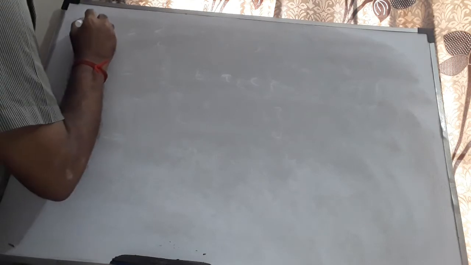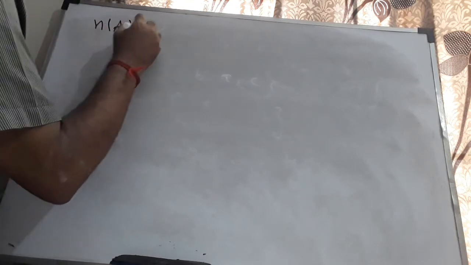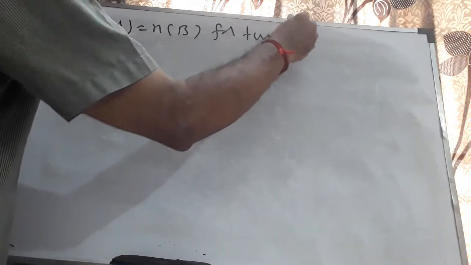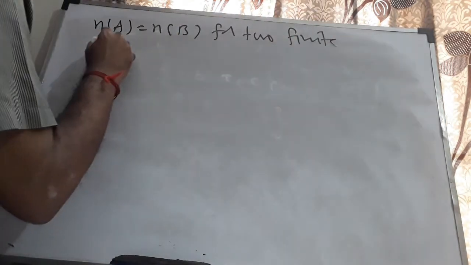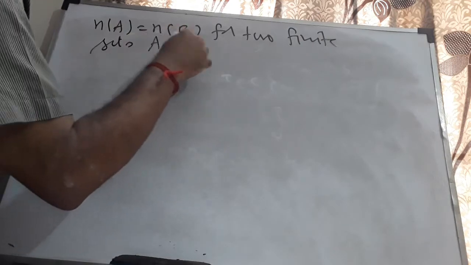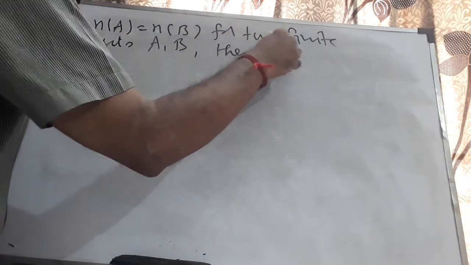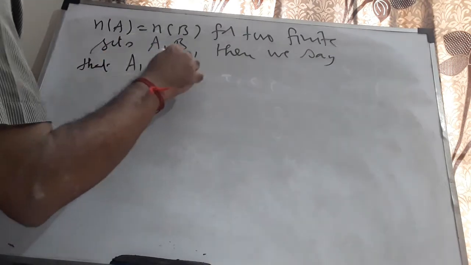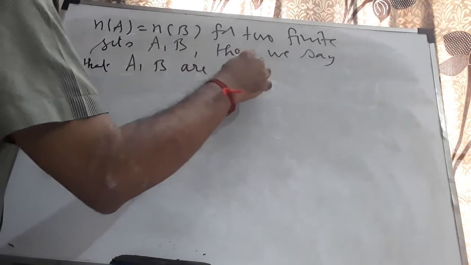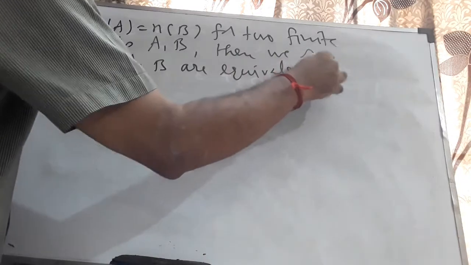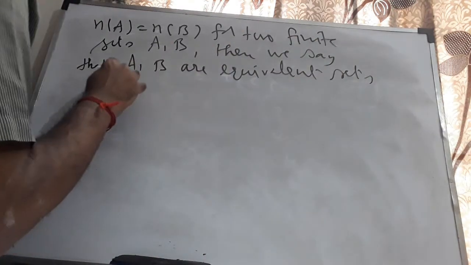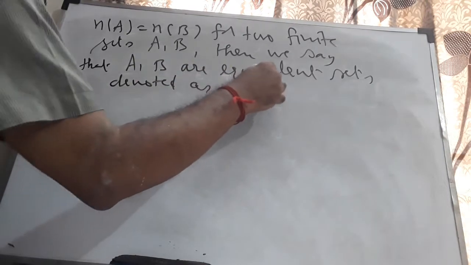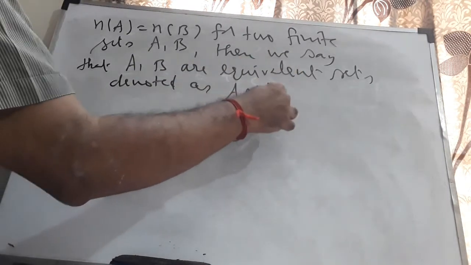If the cardinalities are equal for two finite sets A and B, then we say that A and B are equivalent sets, denoted as A ~ B. This symbol is called tilde.